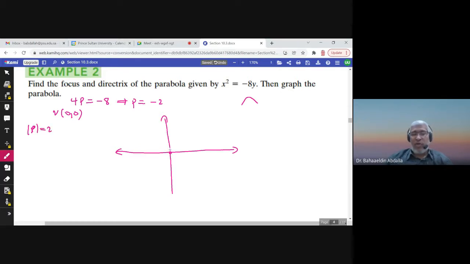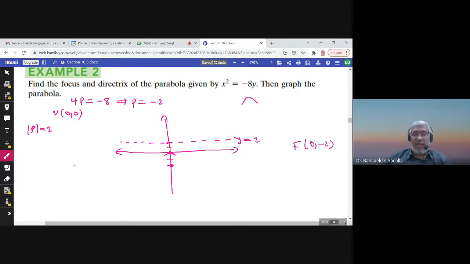So I go 2 units up from the vertex and 2 units down. The graph opens downwards. So here I'll have the directrix. The equation of the directrix would be, it's a horizontal line, so the equation of the directrix is y equals 2. The focus, this would be the focus, and the focus has coordinates (0, -2).